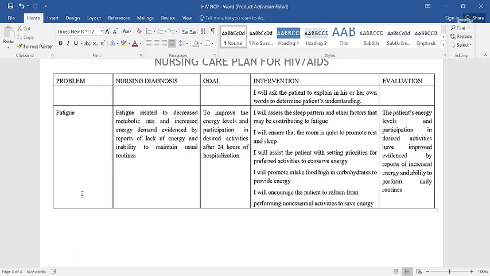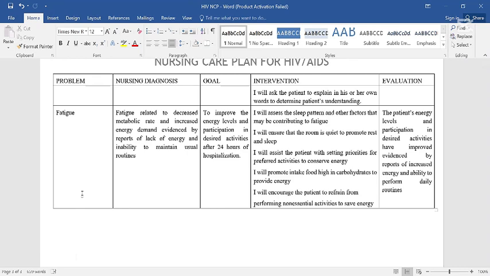So we've identified 5 problems. Of course, we have left out quite a number, and in an HIV patient, we understand that almost all problems can apply. So you can have problems such as risk for infection because the immunity is low. You can have altered thermoregulation because of further infections that the patient may have.